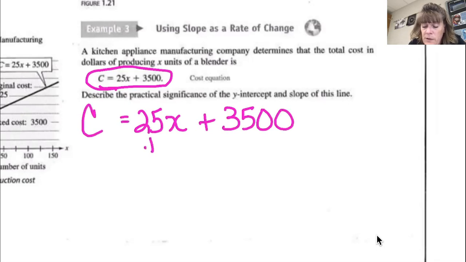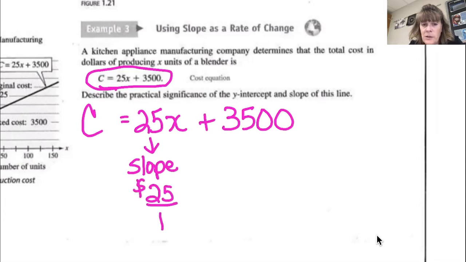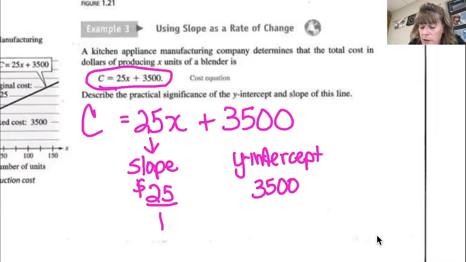Now this is our slope. So we can think of that as 25 over 1. And since it's cost, we're going to call it $25 over 1. And our y-intercept is $3,500.